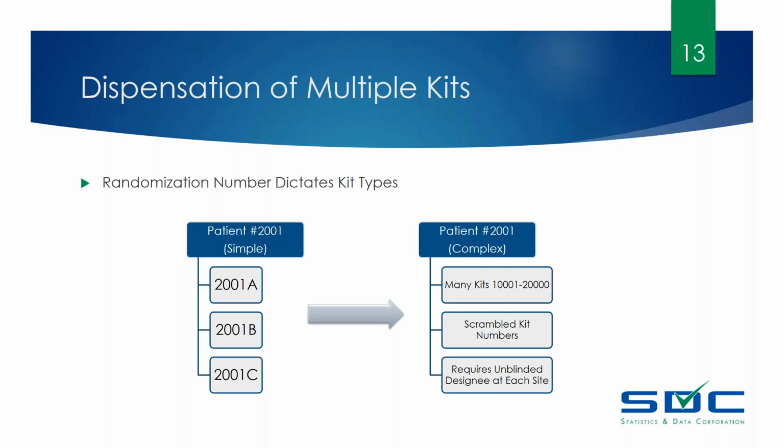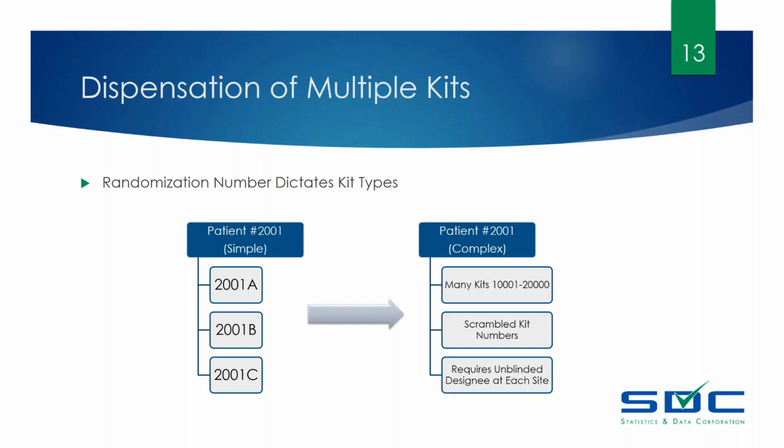An example of a complex randomization with multiple kit dispensations would require an IRT if the kit numbers are scrambled and each site receives kits that are not numbered sequentially. As an example, site number 1 might receive kit 10017, 12947, 18999, and 19721 in their first shipment.